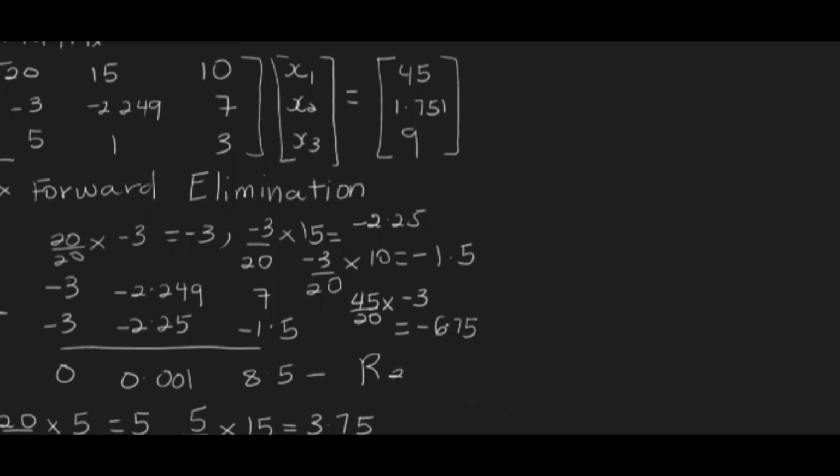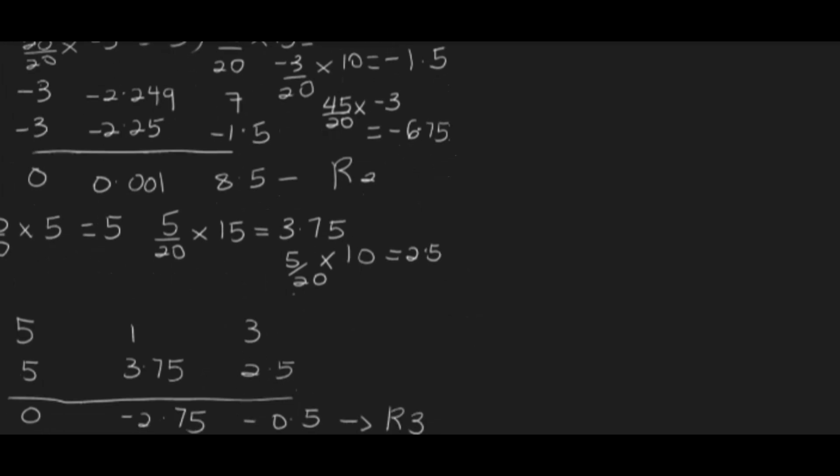I'm going to get that part to be what? 1.751 plus, because it's going to be minus 6.75. So plus 6.75, and I'm getting 8.501. So that is going to be our new row 2 solution entry.